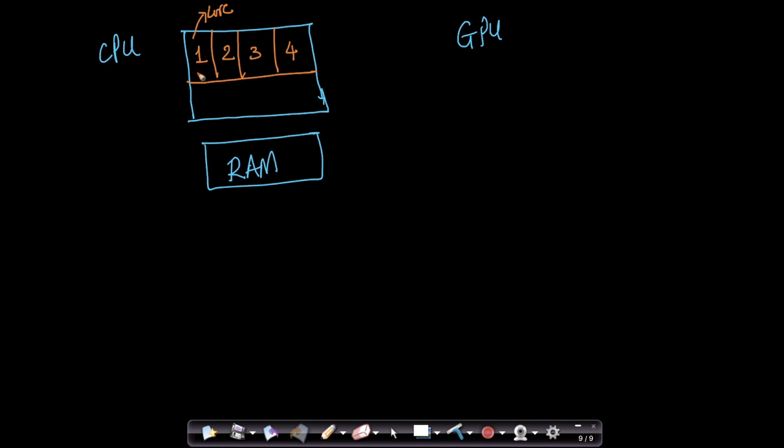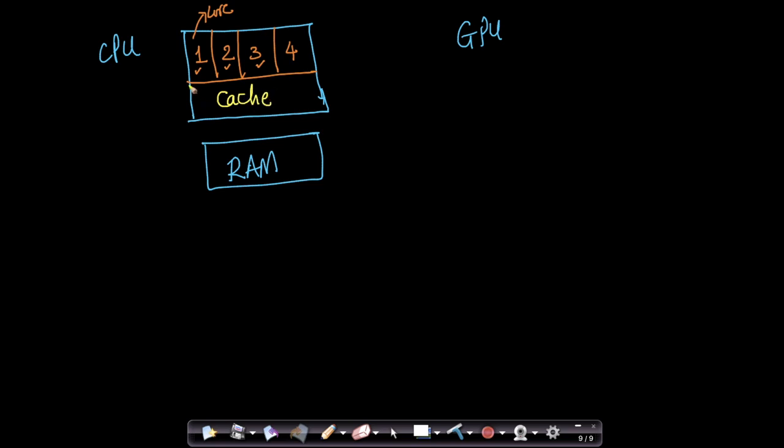Maybe your songs are being played by one core, your internet browsing is handled by a different core, and if you're watching something on YouTube, that's rendered using another core. These cores can work in parallel, and the space in between is called cache.